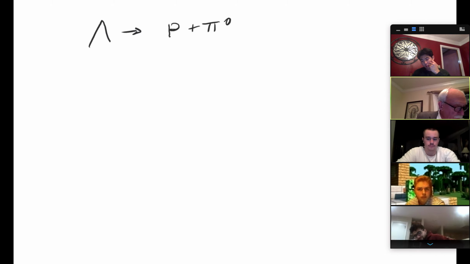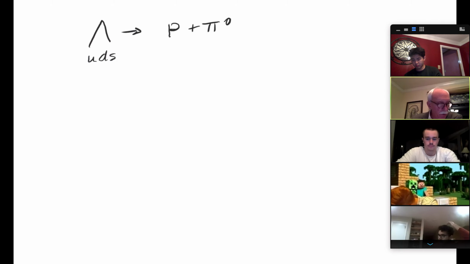You have lambda 0 in there? Yes, they do. UDS. With the proton.